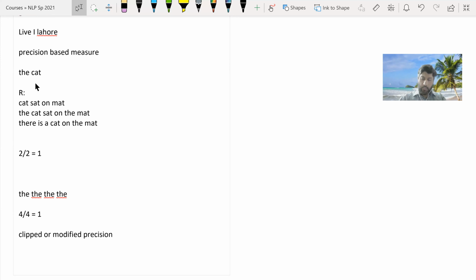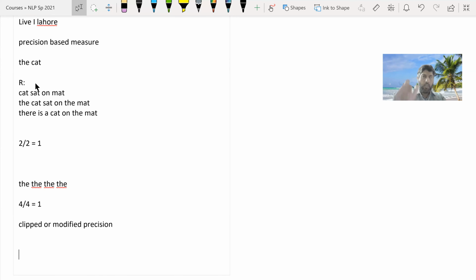So in that sense, we will only count "the" twice, not 4 times. So this would give us 2 out of 4, which is 0.5. So for any particular word, we count it only as many times as its maximum count in a reference, and not more than that. And of course, the generated sentence has 4 words, so 2/4 would give you the precision.